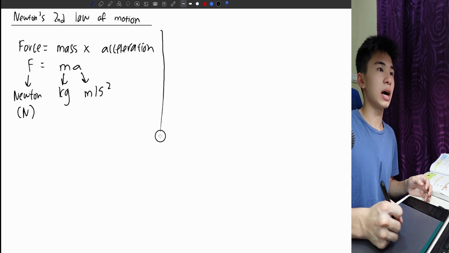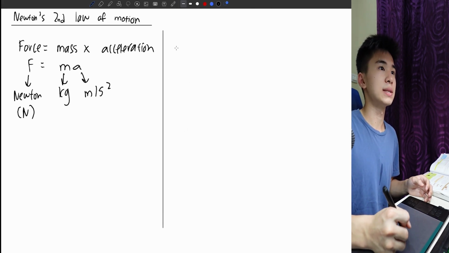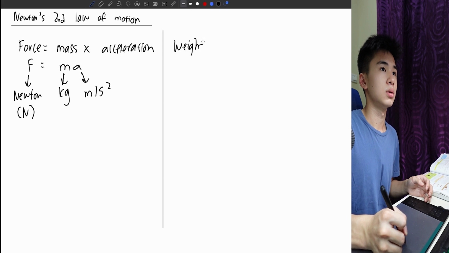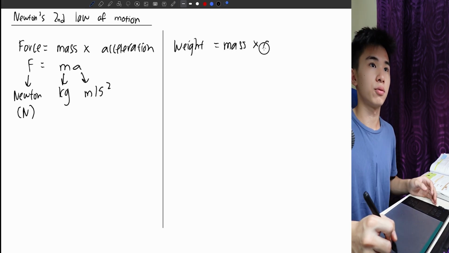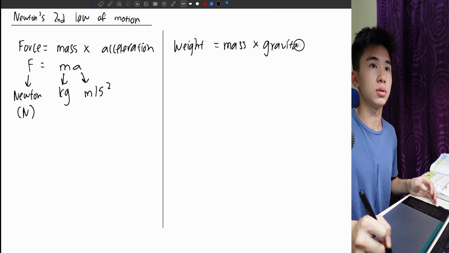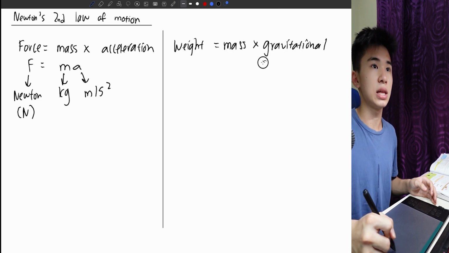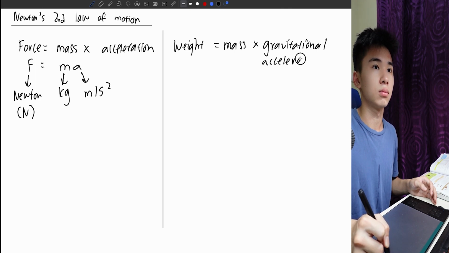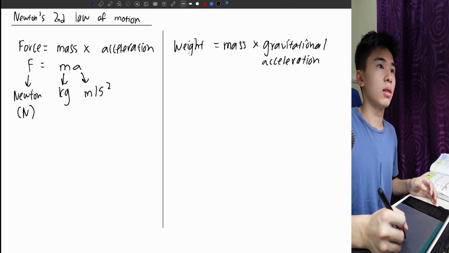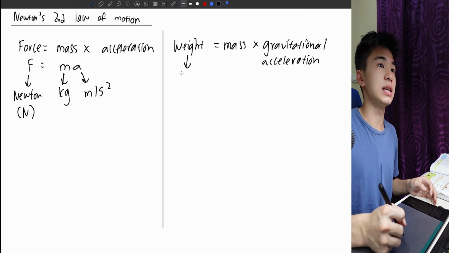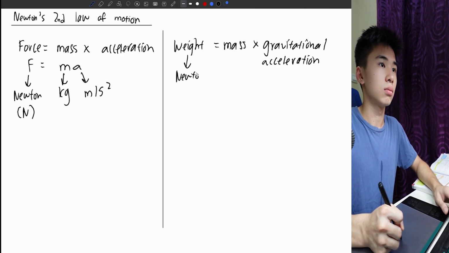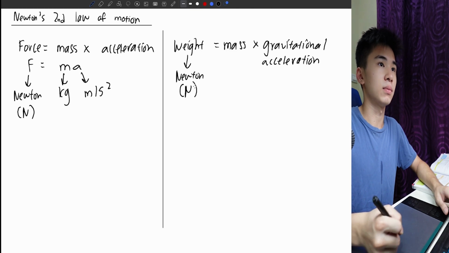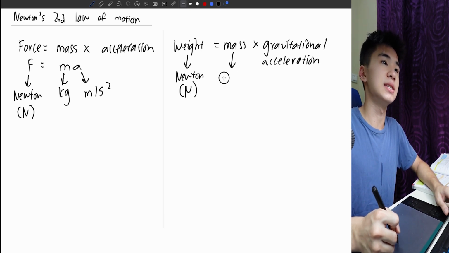At the same time, weight equals mass times gravitational acceleration. The unit of weight is basically force, which is the same as Newton, a capital N, and the unit for mass is kg.